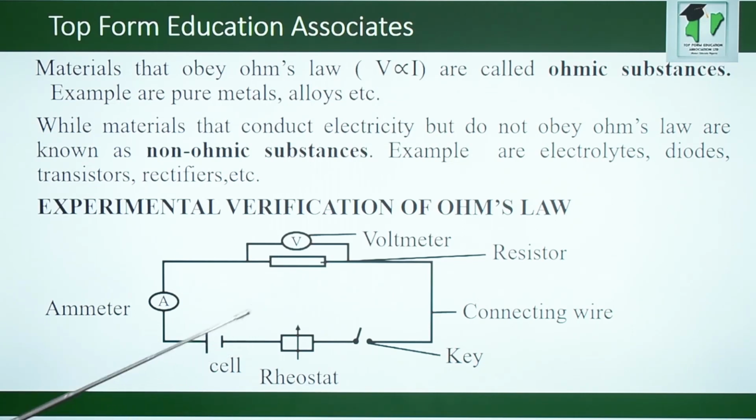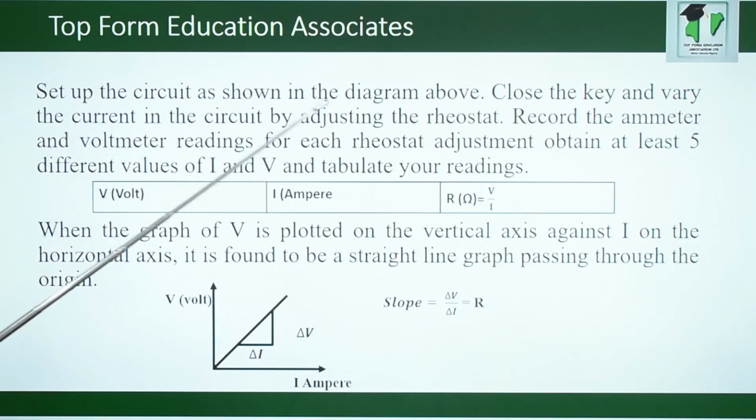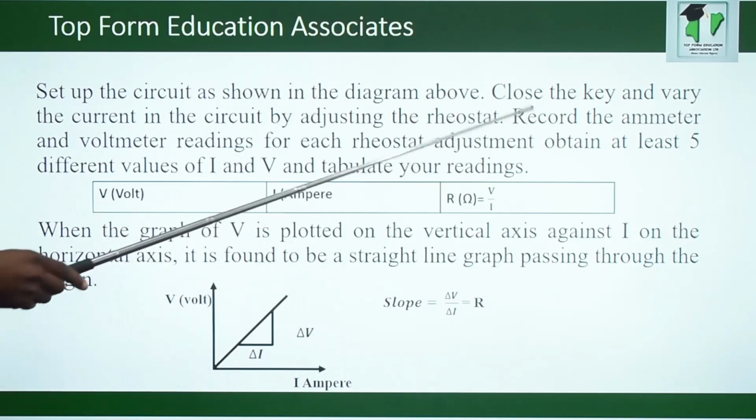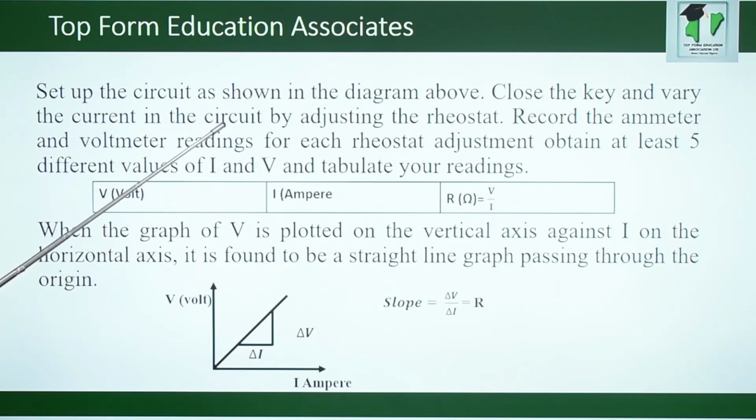Now, how can we use this to verify Ohm's law? Are you following? Set up the circuit as shown in the diagram above, like the diagram we just finished explaining. Close the key and vary the current in the circuit by adjusting the rheostat.